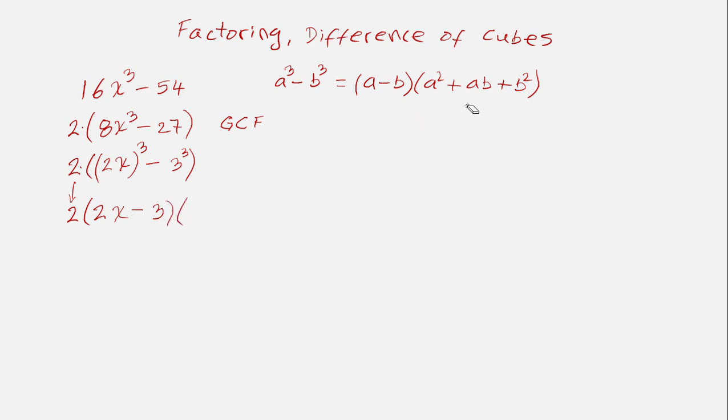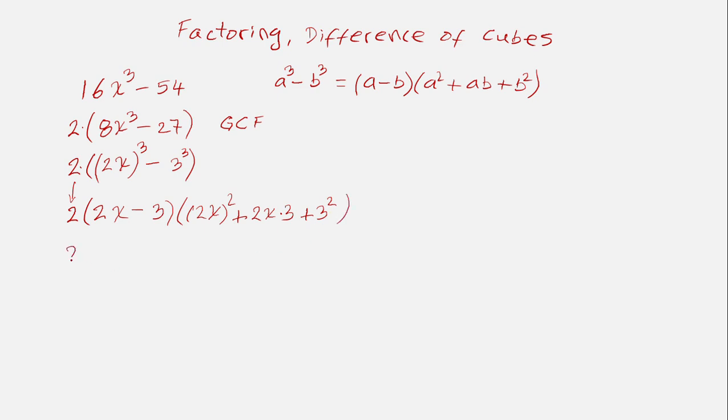Now the second set of parentheses says first squared, so 2x, and then squared. And then the formula says plus, so let's put the plus there. And it says first and second multiplied together, so it's 2x times 3. And then it says second squared. In our case, that would be 3 squared. So plus 3 squared, close parentheses.